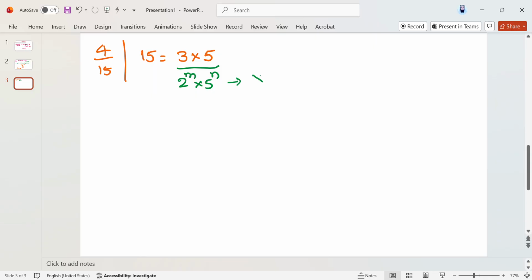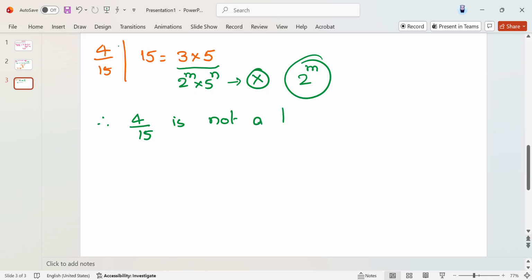No, it is not in that form. Why? Because you don't have 2 to the power of m. Therefore 4 by 15 is not a terminating decimal.